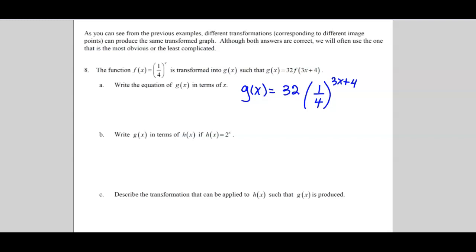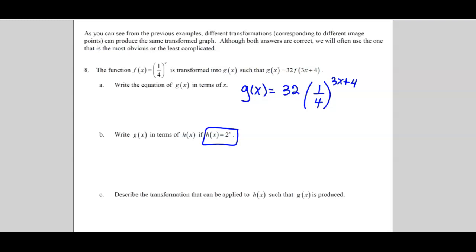Then it says, write g of x in terms of h of x. So now we've got a new function. h of x is equal to 2 to the x. So we have to now take g of x and somehow get it down to having a base of 2. Well, this I can show with a base of 2. 1/4 is 2 to the negative 2.